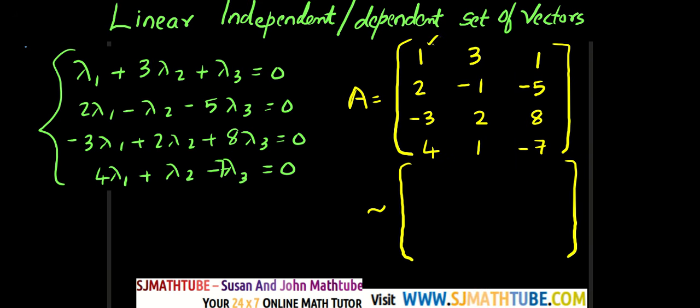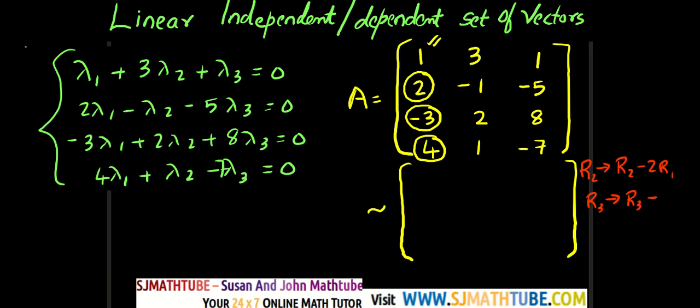The first element is 1, that is good news, and our targets are 2, minus 3, 4. I'm sure that you're experts in writing the operations: R2 changes to R2 minus 2R1, R3 changes to R3 plus 3R1, R4 changes to R4 minus 4R1.